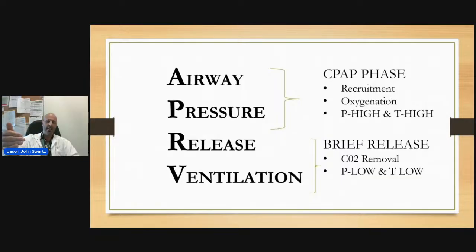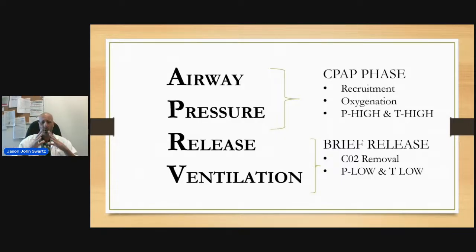As we get deeper, I'm going to repeat a couple of times, we're setting the P low on the vent at 0. And what we're doing is we're terminating that release phase when it hits 75% of peak expiratory flow. For example, 100 liters per minute. It's going to descend to 75 liters per minute, and we're going to go right back up to our P high.